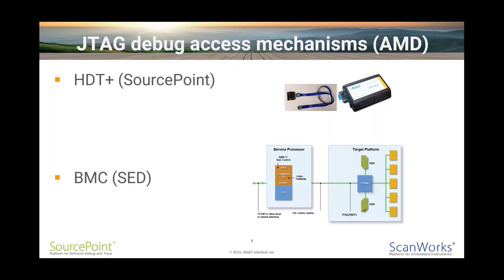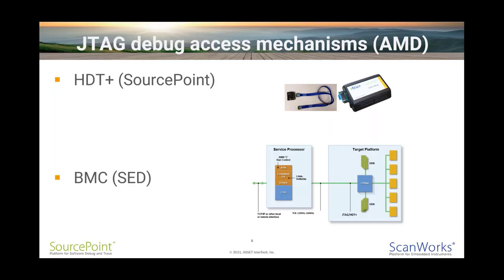It is also possible to take the AMD run control firmware and embed it on a service processor. That's via, for example, Asset ScanWorks Embedded Diagnostics, what we call the SED product. AMD differs from Intel in that the main out-of-band access methodology for AMD is over a direct JTAG connection, via HDT Plus or via the BMC hardware connectivity to the CPU scan chain.